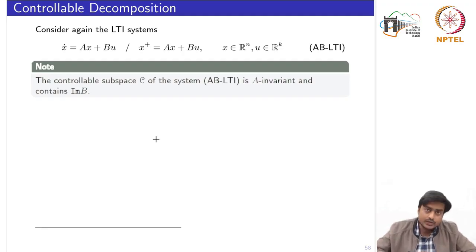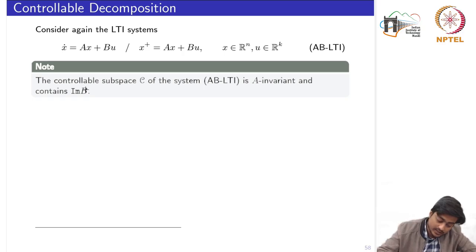Now coming on to the controllable decomposition part. So consider again the LTI systems. Note that here the controllable subspace C, this is mathcal C, of the system A, B LTI is A invariant, and contains the image of B. Okay, what does it mean?